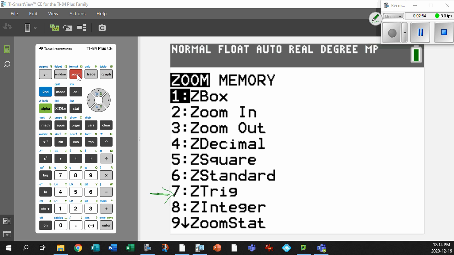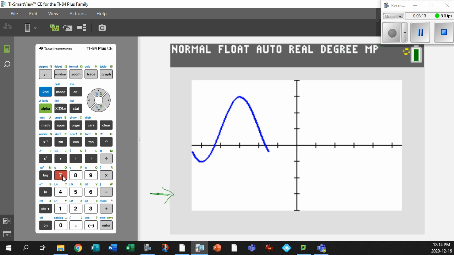It will set up your window values to the best ability of trigonometry. What do I mean by that? It's going to take all of the stuff that's trig important and set up your graph so it looks really pretty. All you got to do is go Zoom and then hit 7, and look, there's my graph all set up on trig. No longer is this Zoom Standard 10, 10, 10, 10. This is now Zoom Trig, set up perfectly for your questions.